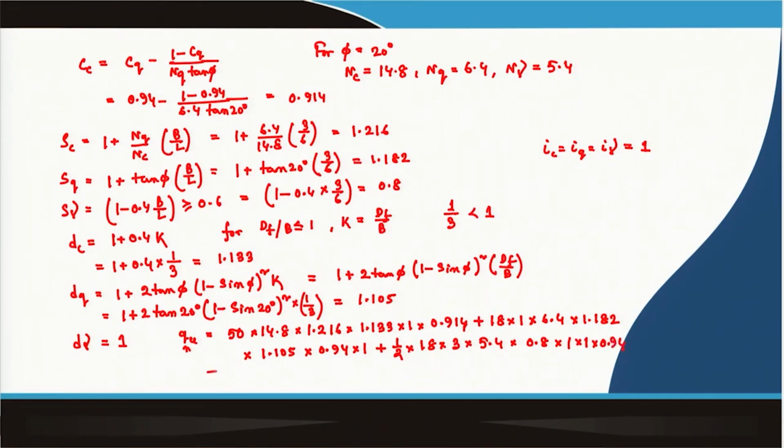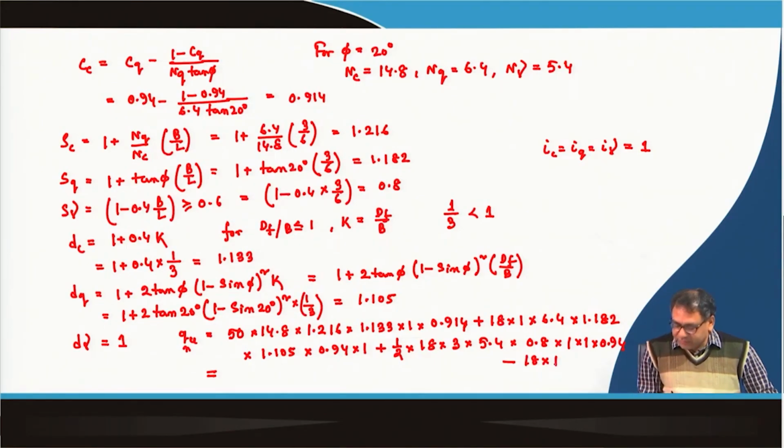Okay. So, the value, and then it is net ultimate, so that will be minus gamma is 18 and df is 1. So, this value is 1164.92.